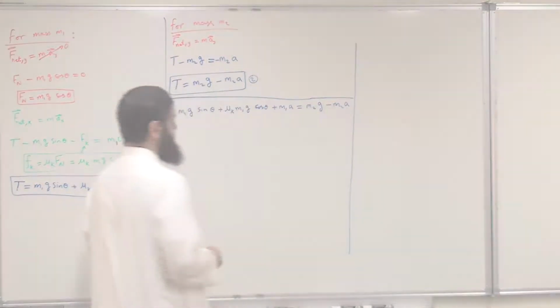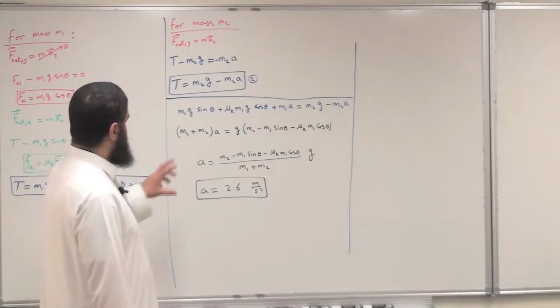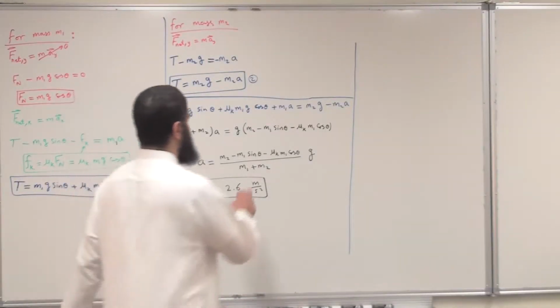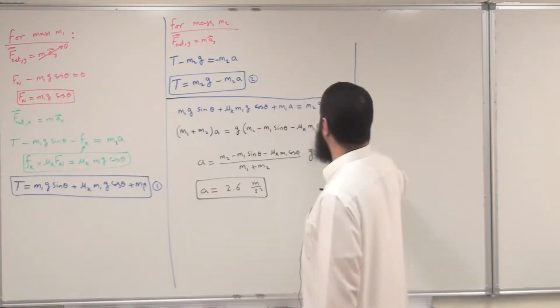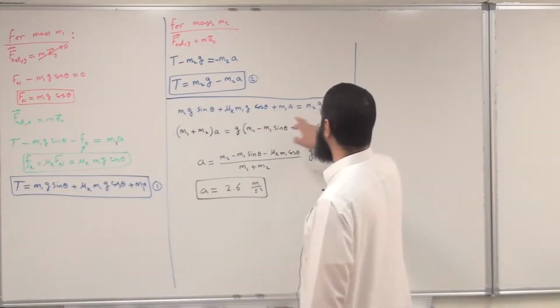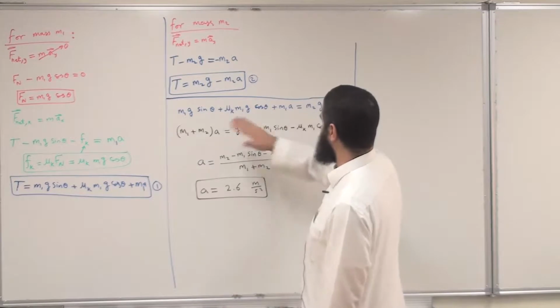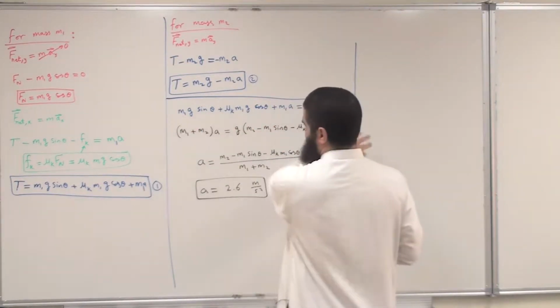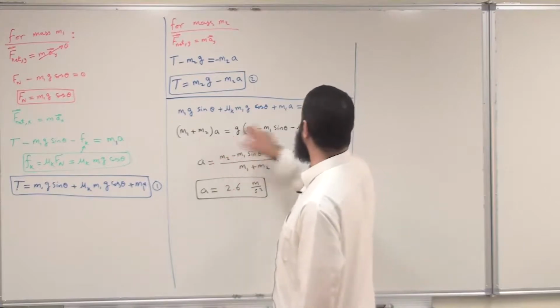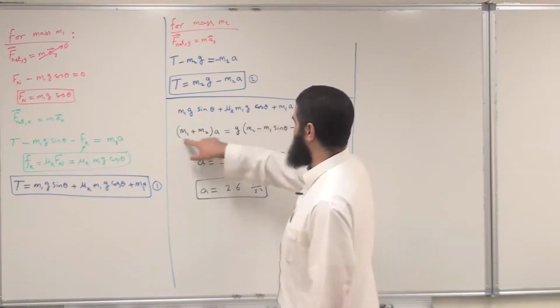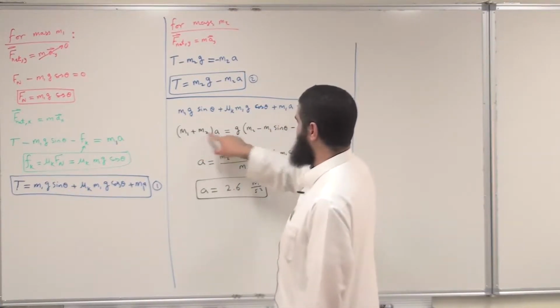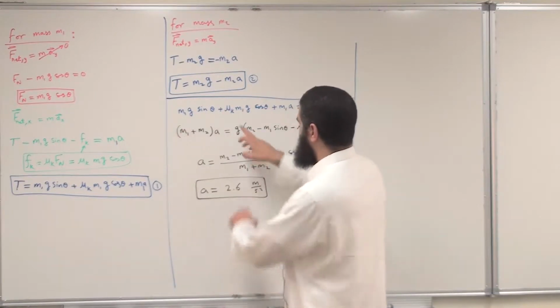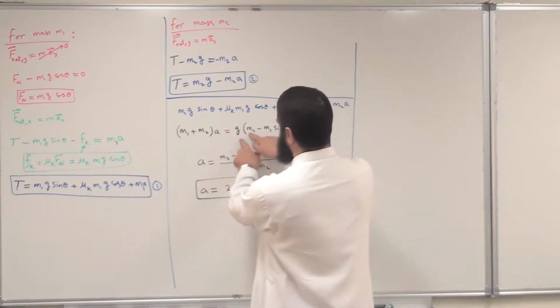So with a little algebraic manipulation of this equation, I'll take this acceleration, put it on this side, and all other terms will be brought to the right hand side. So I am left with m1 a plus m2 a on this side. Then m2 g was there.